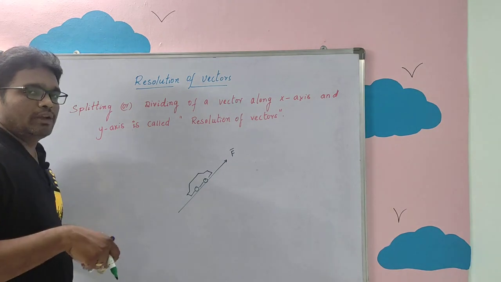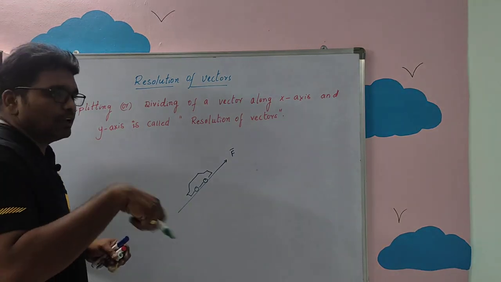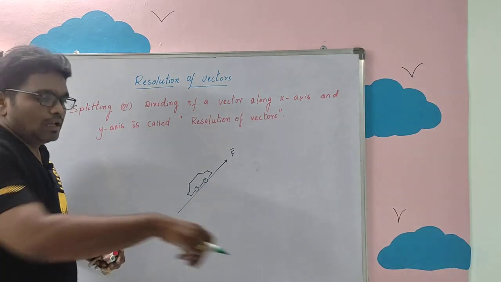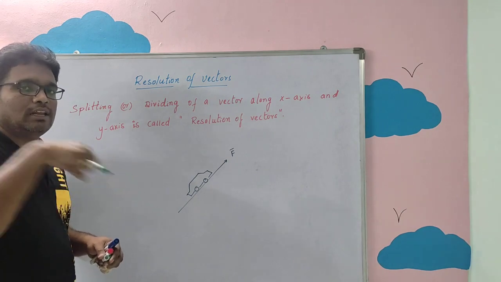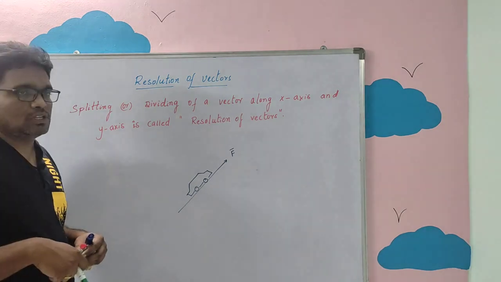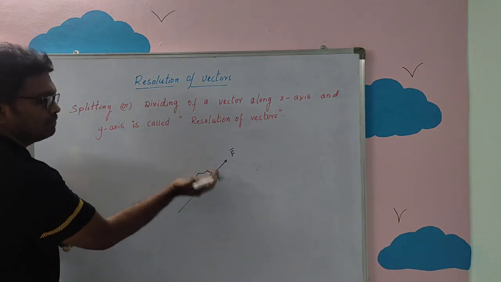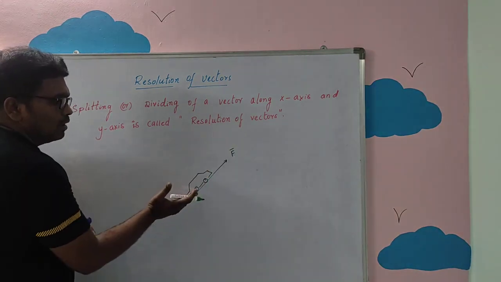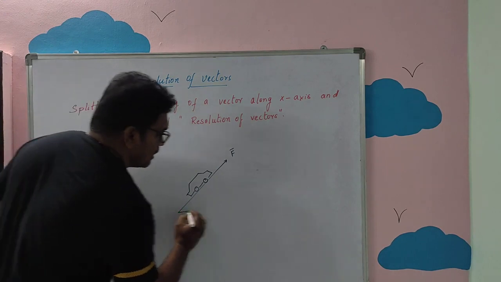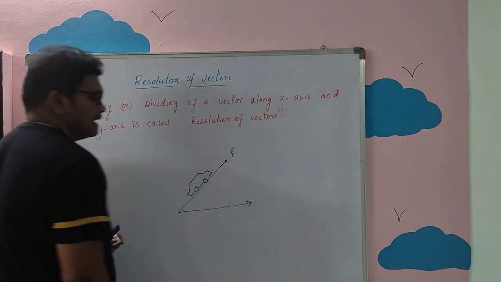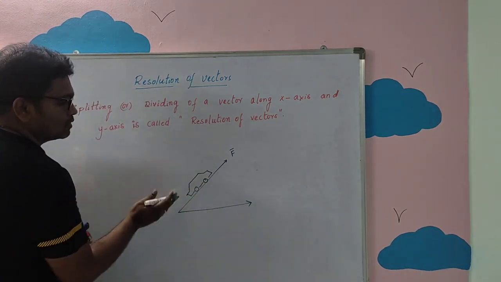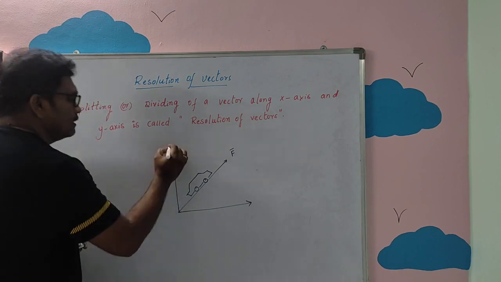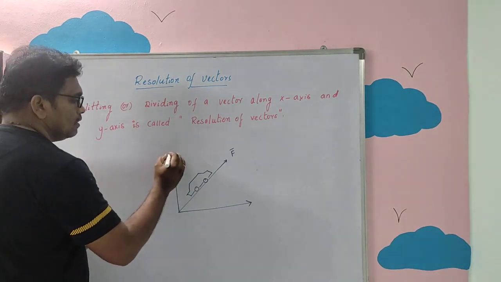I think you played with a car in childhood, tying a rope to the car, applying the force on the car at a certain angle. So, the same diagram I am representing. Whenever your car is lifted into the air like this, the influence of the force on the car is acting somewhat along x axis and some amount of force on the car is acting along y axis.